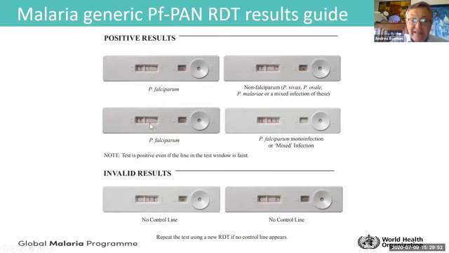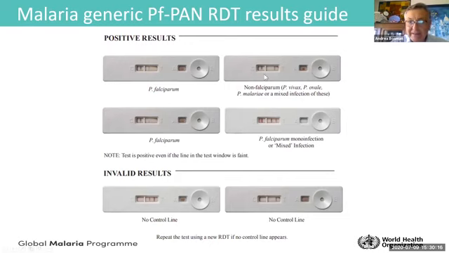Even if the line is very, very thin, for a malaria test, this is a positive test. This is different from an HIV test. If an HIV RDT has this type of result, the manufacturer will ask to repeat the test. But for malaria, this is a positive test, okay?